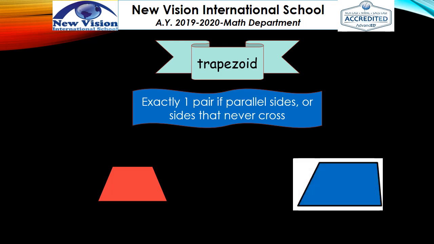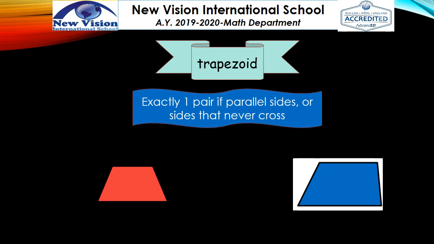As you can see, what is a parallel side or parallel lines? We have here these two lines. This side and this side are parallel sides. What about these two sides here? Are they parallel?